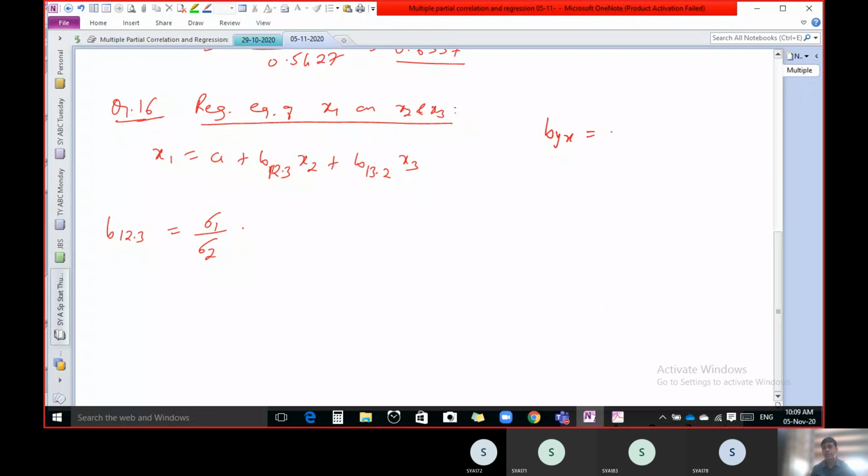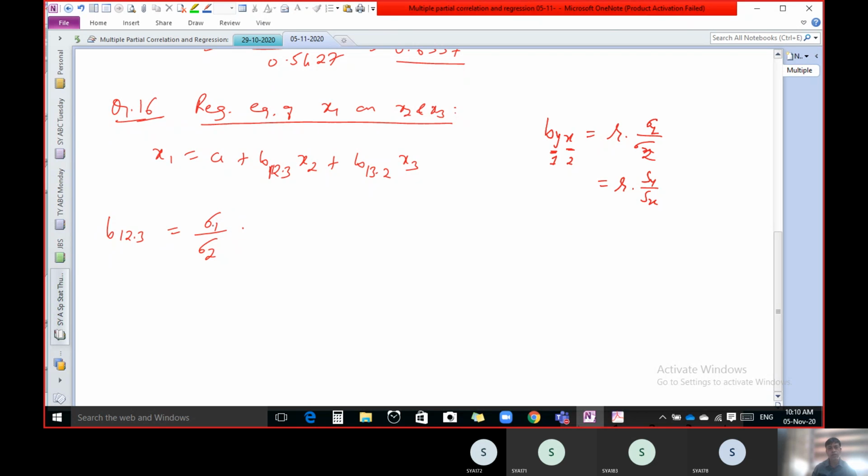In simple regression, it is like this: sigma x upon sigma y, or sx upon sy. Sorry, sy upon sx. So here, instead of x and y, 1 and 2 are there. So you have to write sigma 1 here and sigma 2 here.